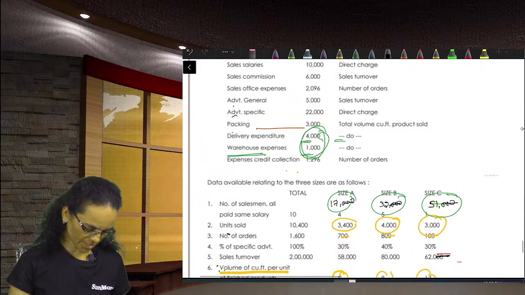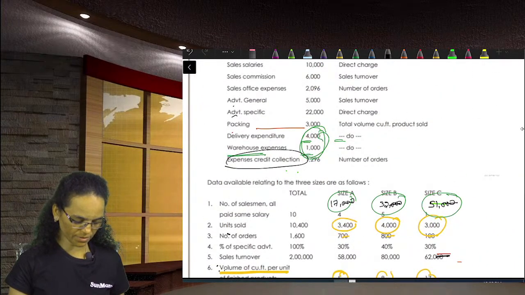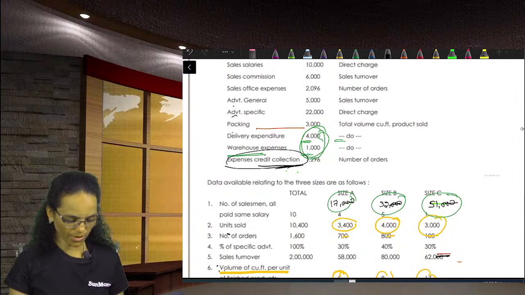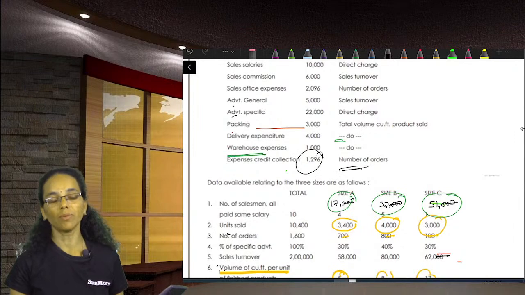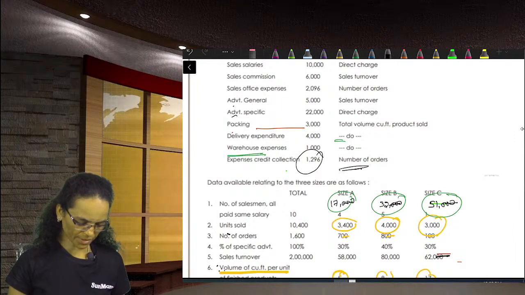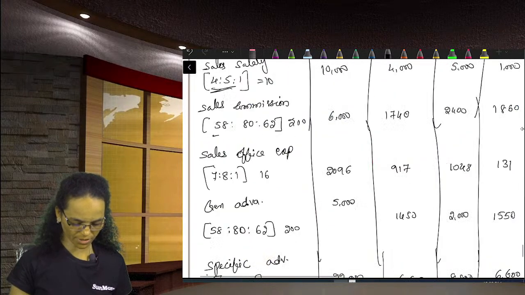And next, expenses credit allowed is 1296. This is on the number of orders. Credit collection 1296 on number of orders.